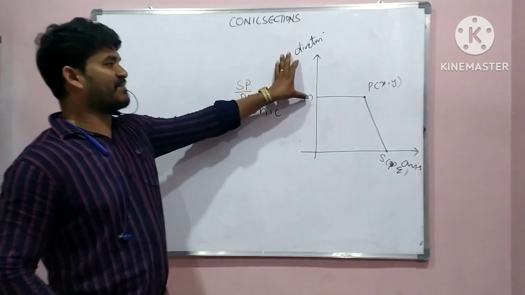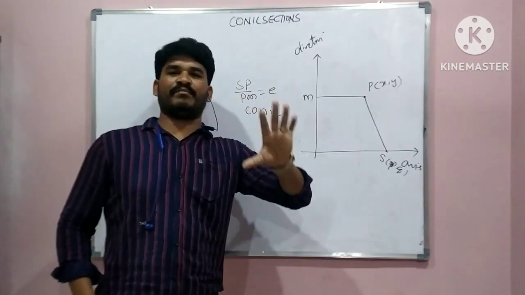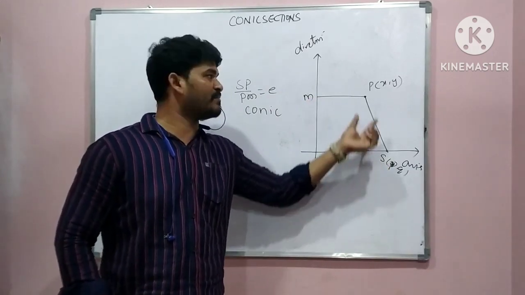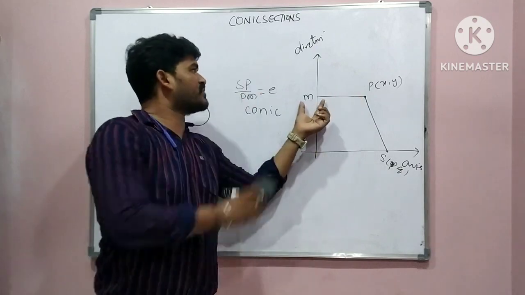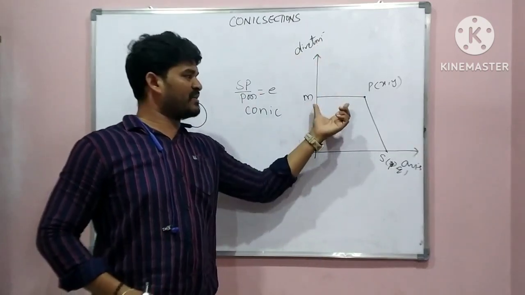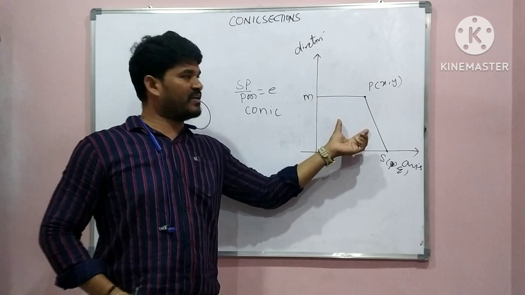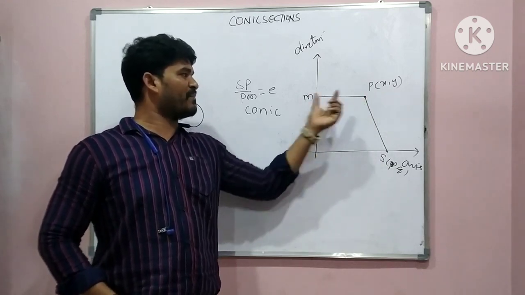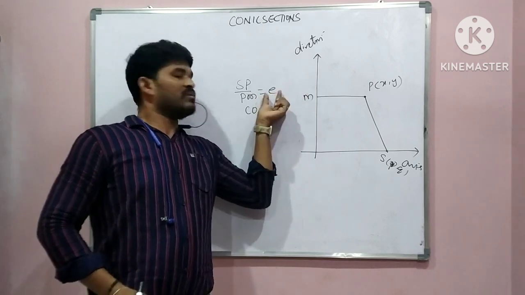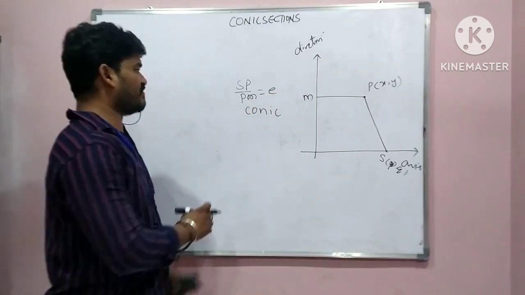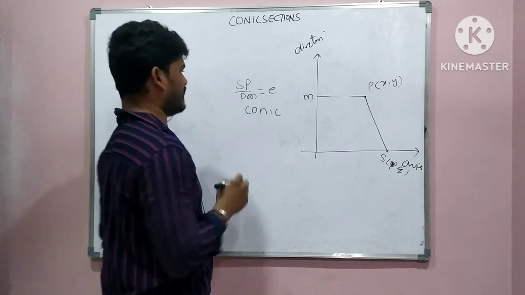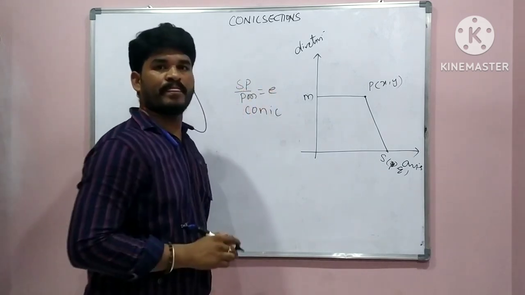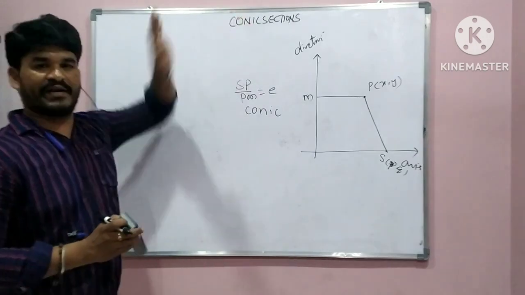So a conic is a set of points on a plane defined by the locus point, where the ratio of the distance from the fixed point S to P and the distance from P to its projection M on the directrix is equal to the eccentricity. Therefore, SP divided by PM is equal to e.